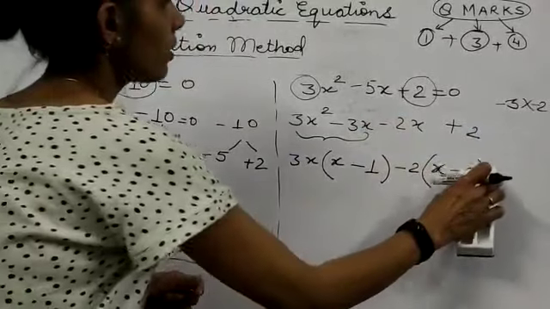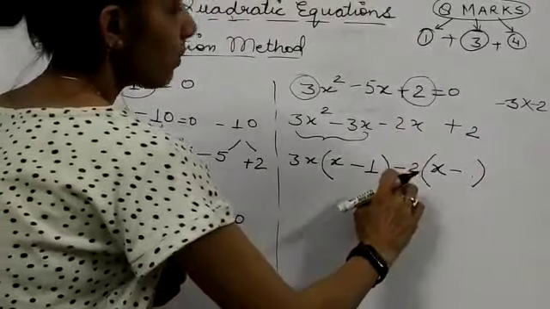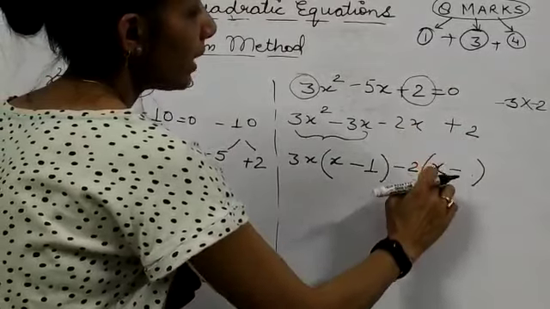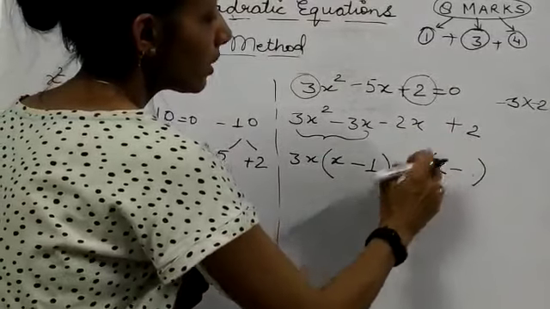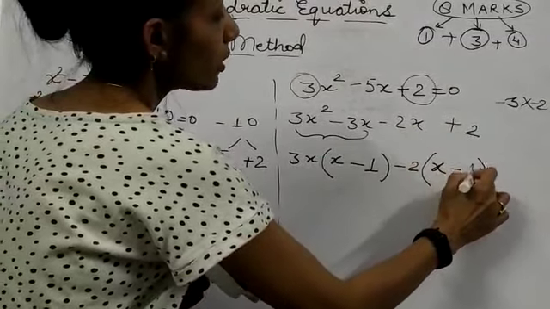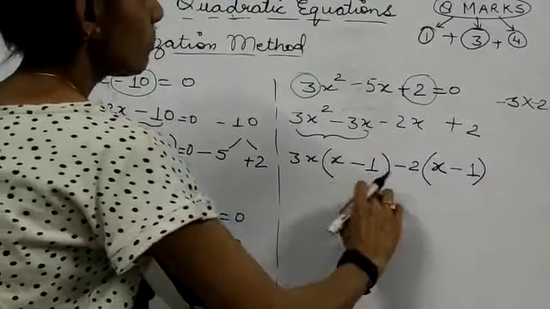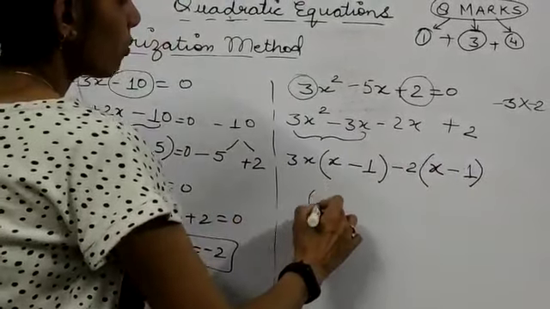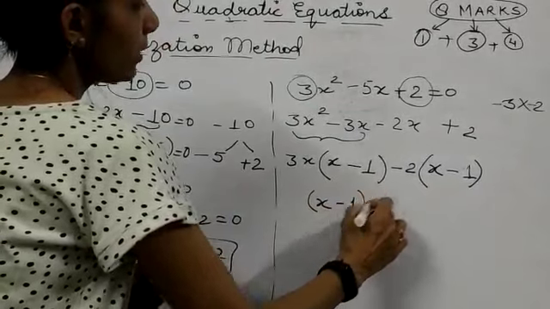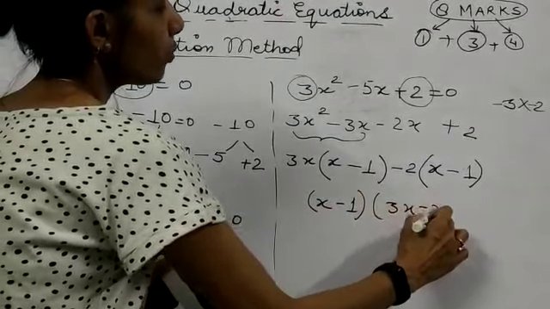Since 2 has come out, so this will be 1. Now you see these two brackets are same. So I can write it as x minus 1 and 3x minus 2.